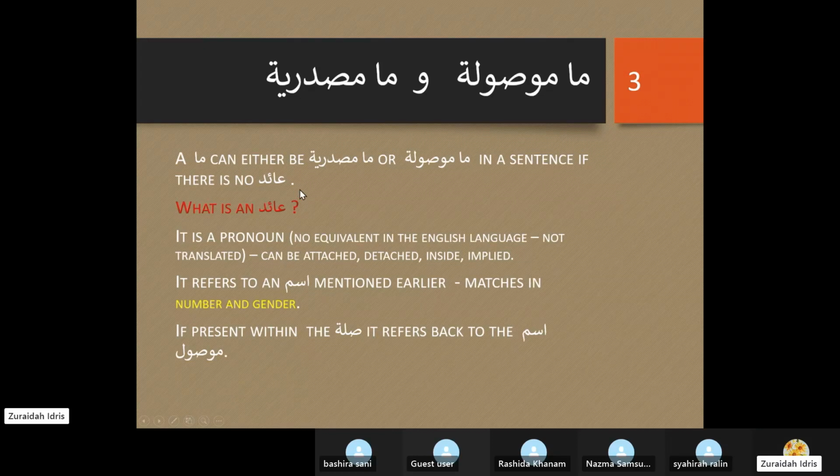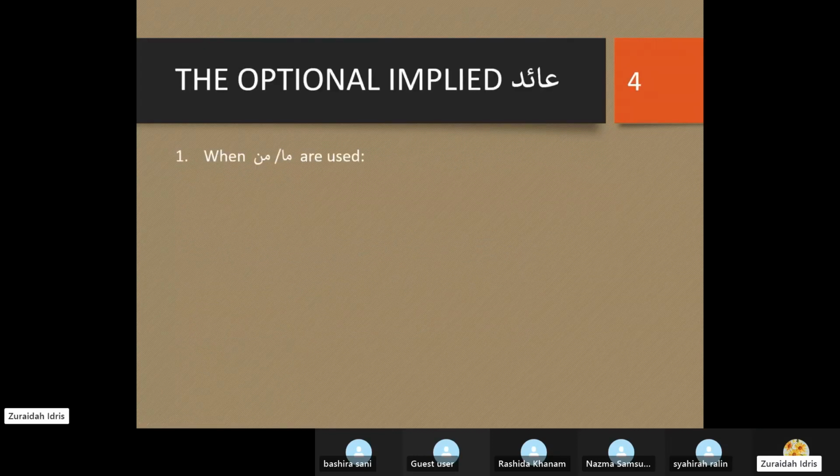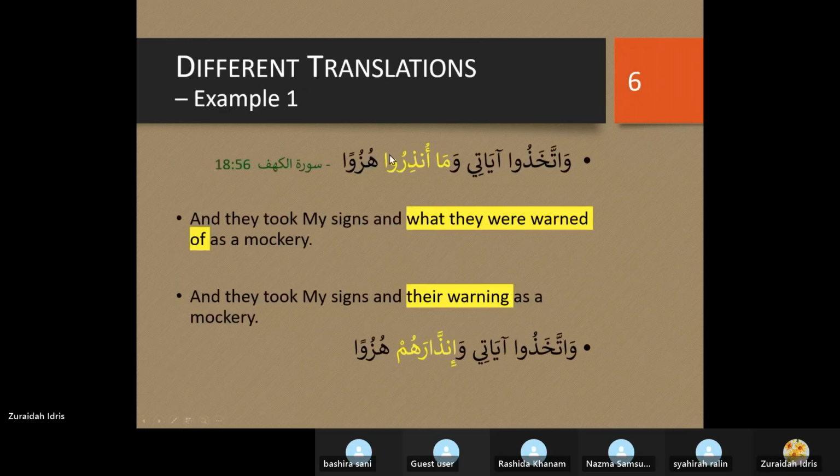That's why I highlighted just now that this is one of the cases where there is no a'id. There's something missing here because it's not referring back to ma. So then and only then can we do this.